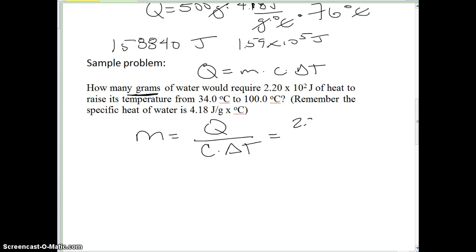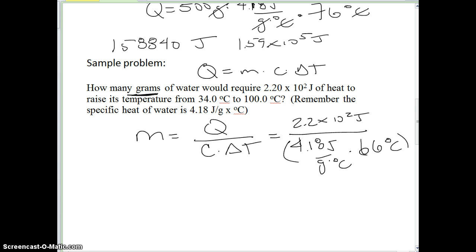Q is heat, 2.2 times 10 to the second joules, all over C for water, which is 4.18 joules over grams times degrees Celsius, multiplied by delta T, which is right at about 66 degrees Celsius.